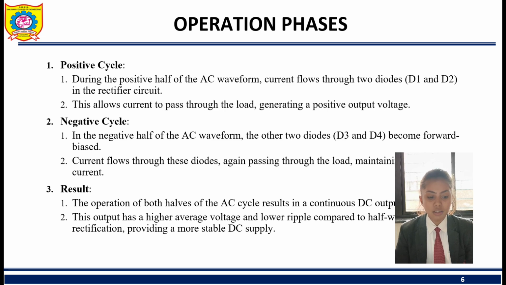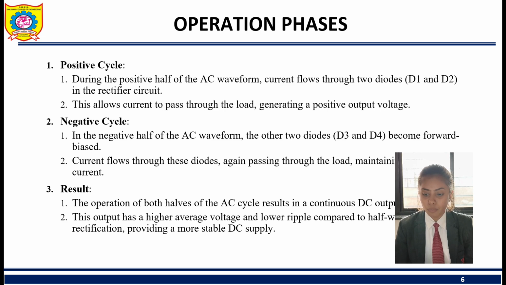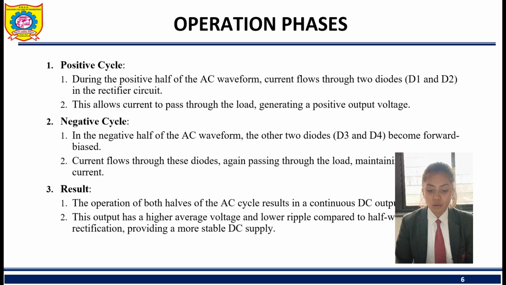In the negative half of the AC waveform, the other two diodes D3 and D4 become forward biased. Current flows through these diodes, again passing through the load, maintaining the flow of current. Third, result. The operation of both halves of the AC results in a continuous DC output. This output has a higher average voltage and lower ripple compared to half wave rectification, providing a more stable DC supply.